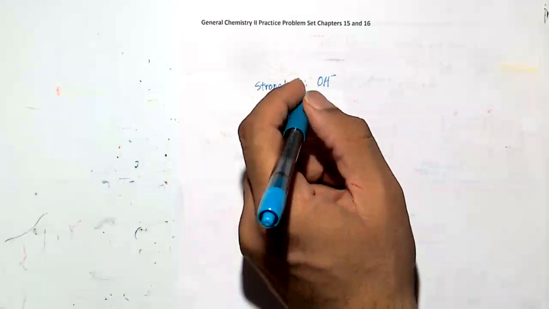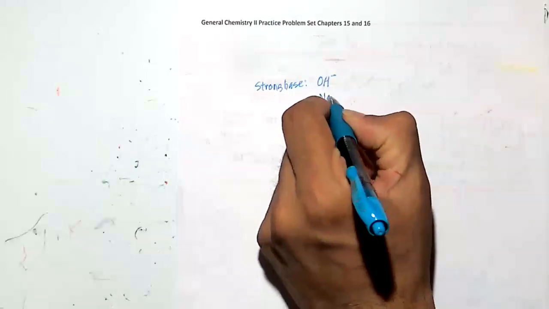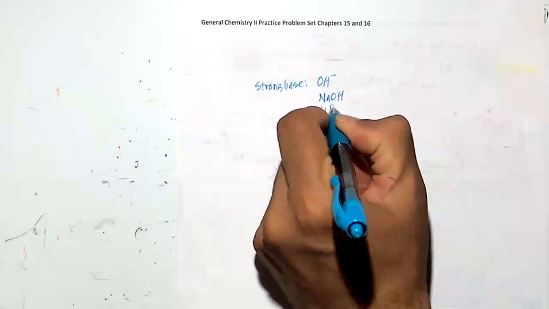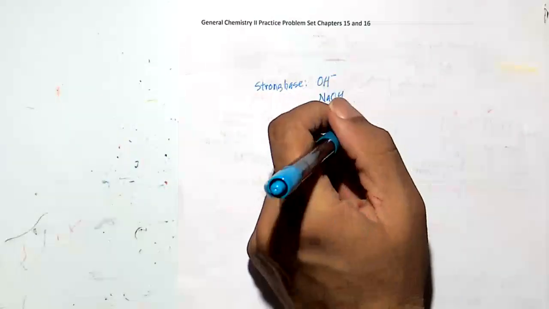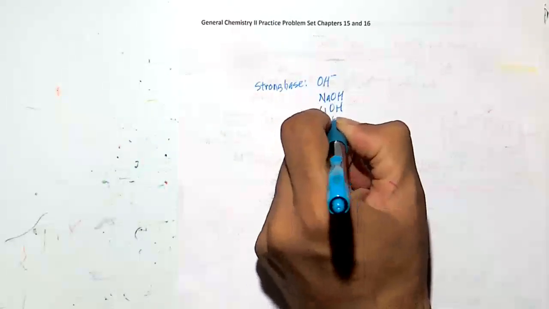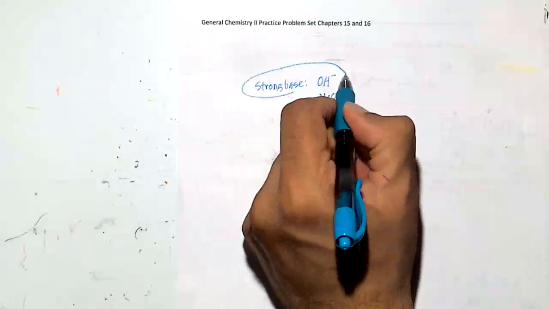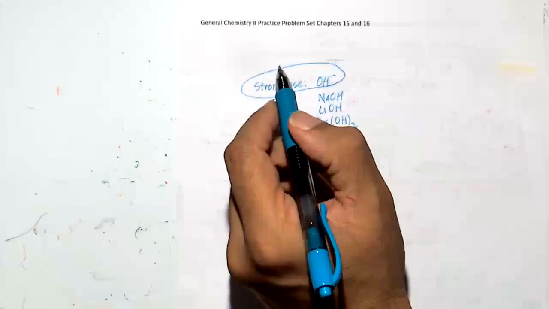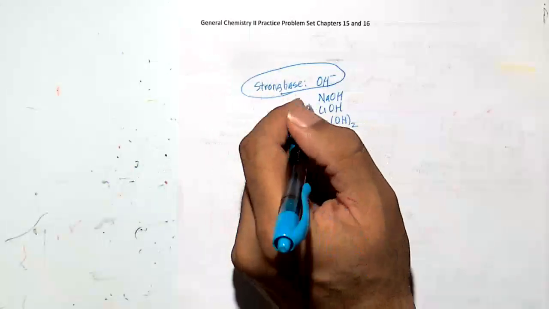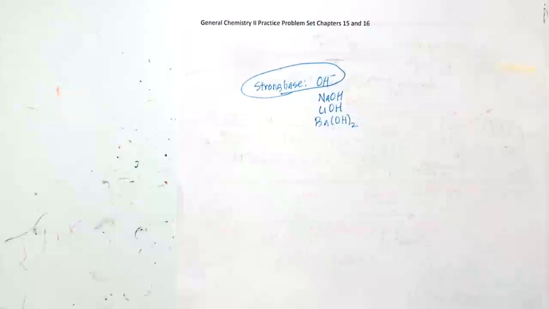Yeah, those are the counter ions, so group 1 and 2 hydroxides are strong bases, correct. NaOH, LiOH, I think, barium OH. Okay, so strong bases, as long as they're dissolvable in water, these are sources of a strong base.